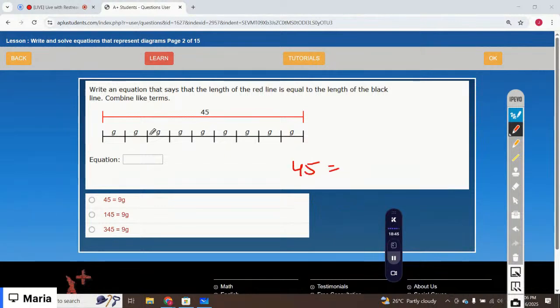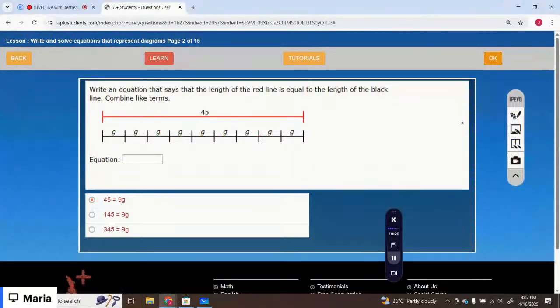Now let's count how many portions the black line is divided into. 1, 2, 3, 4, 5, 6, 7, 8, 9. So 45 is equal to 9g. Option number 1 is the correct option, that is 45 equals 9g.